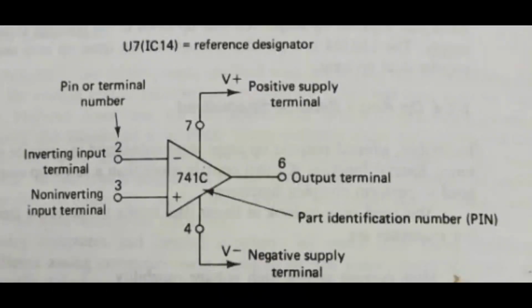The symbol of an op-amp is a triangle. See, it has two inputs and one output. A typical op-amp operates with two DC supply voltages, one positive and one negative.